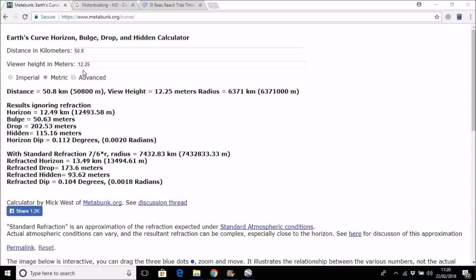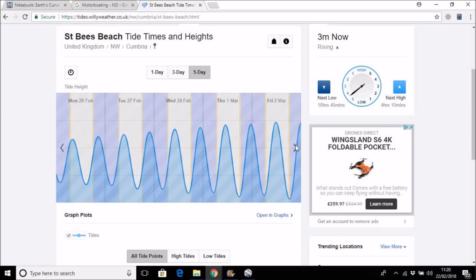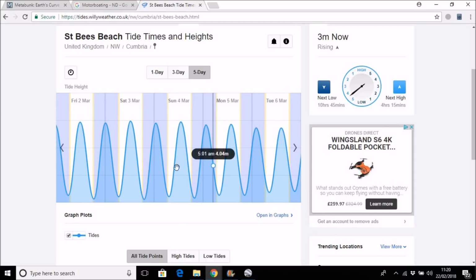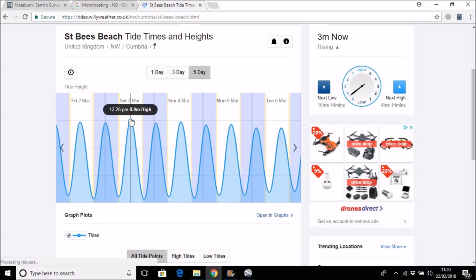However, this was at high tide, and we know that the tides can vary quite considerably. This has gone back to the current date. Oh, that's not a bad one to use as an example. Okay, so the high tide here is, I think, above 9 meters by the look of it. 8.9 meters the high tide there, nearly 9 meters.